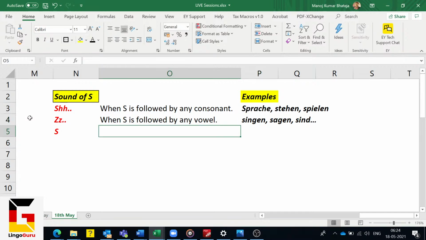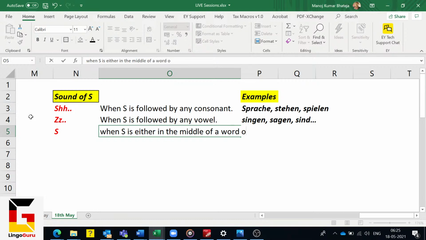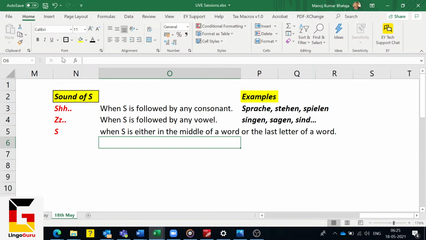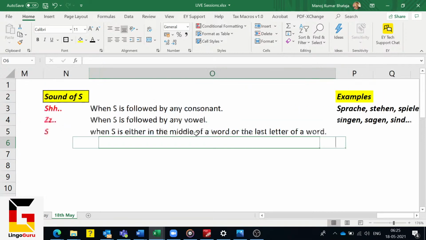Now there are two possibilities when S is either in the middle of a word or the last letter of a word. We always pronounce it as s, like in English.